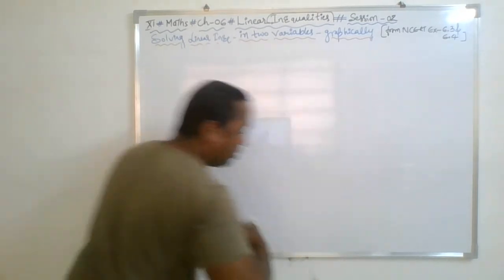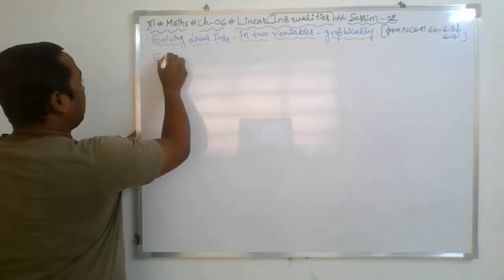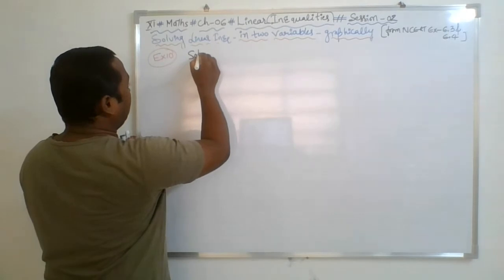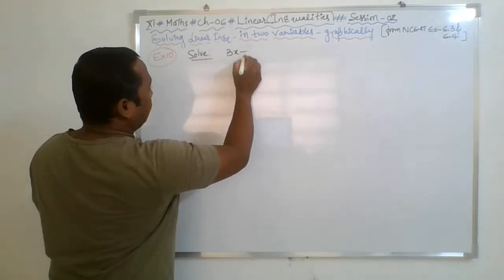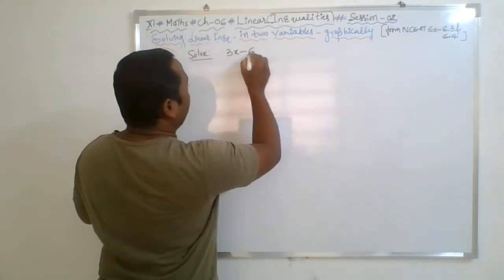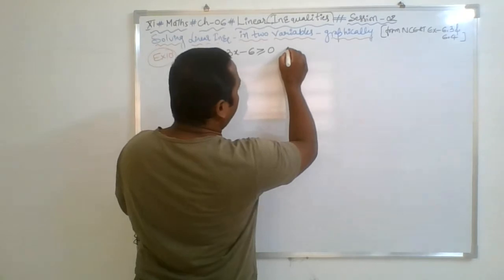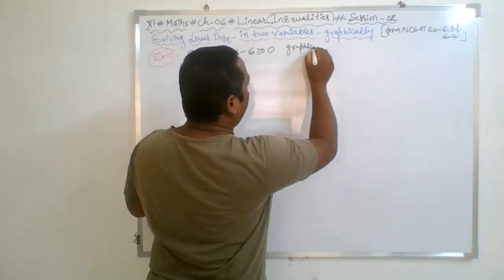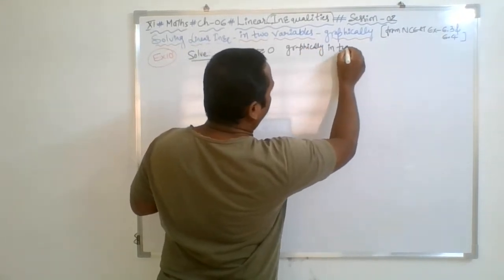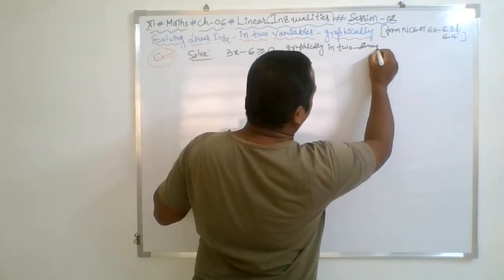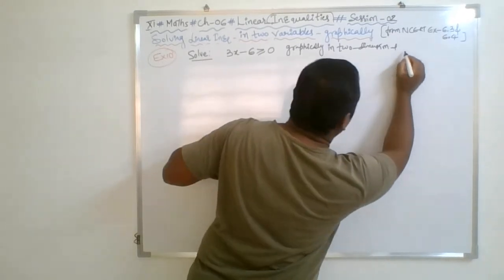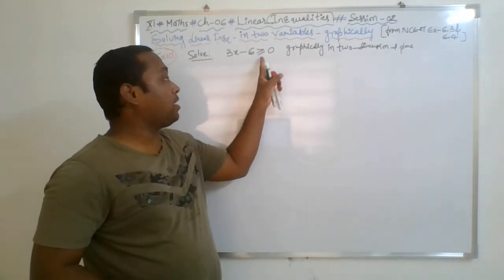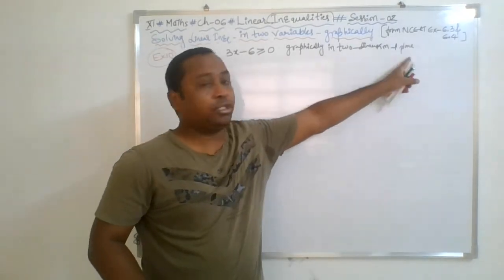The question is: solve 3x minus 6 greater than or equal to 0 graphically in the two-dimensional plane.